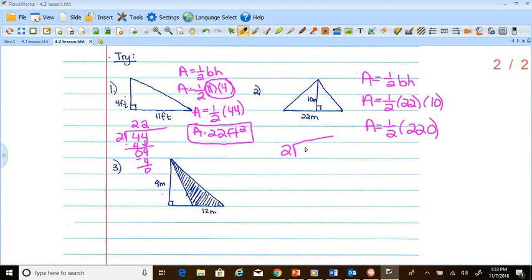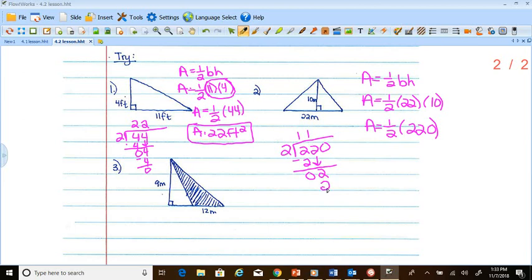2 times what equals 2? Give me a 1. 2 times 1 is 2. When we subtract, we get a 0. Bring down your 2. Start the process again. 2 times what will get you 2 or close to 2? Again, it's a 1. 2 times 1 is 2.